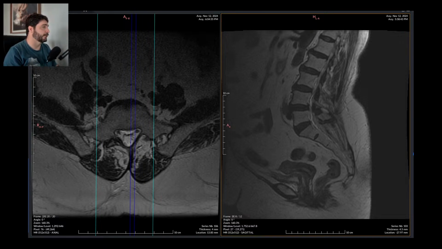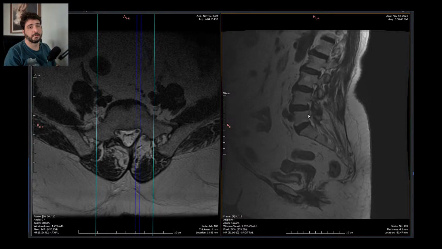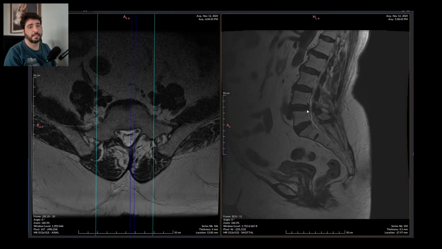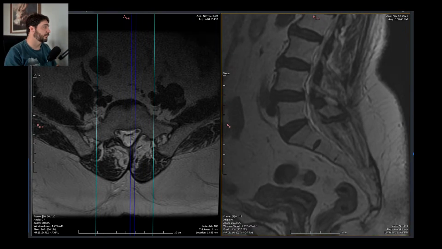There is an anterior dislocation of L4. It's a grade 1. Right there. This margin is slightly anterior to this margin right there, so it's grade 1.